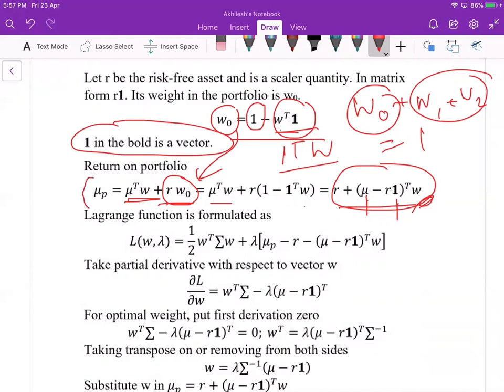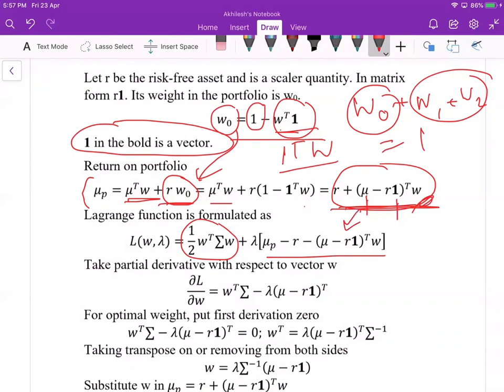Okay, so let's construct a Lagrangian function. So variance term, half into variance term plus lambda into the return, what we have, mu p is equal to this term. Thus mu p minus this becomes 0. So lambda into this term. I'm just talking about this term. The value of this term is 0 from this one.